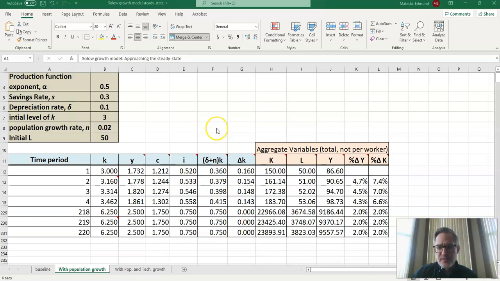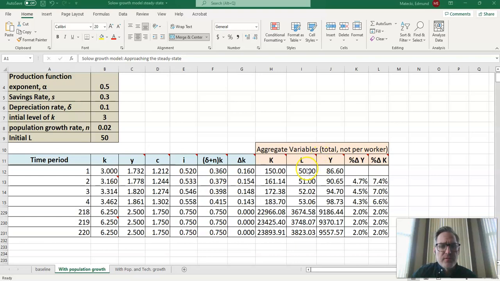One of the interesting things that I want to point out is that just because our capital per worker and output per worker, etc., are not changing in steady state, our aggregate variables, like the capital stock, the number of workers, total output, which we would measure as GDP in the economy, these things that we frequently observe in the economy, are changing.